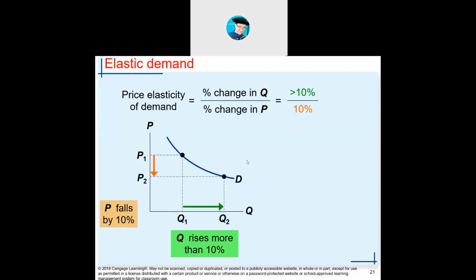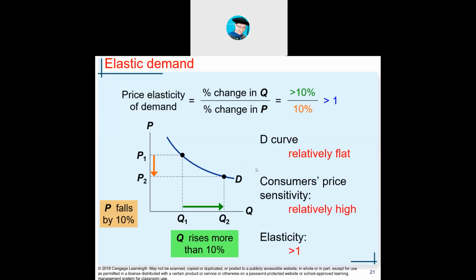Now, elastic demand is something that's greater than 1. If it's greater than 1, it's relatively high consumer price sensitivity, and the demand curve is also relatively flat. An example of something that would be elastic with respect to demand, I guess the earlier example we gave, is cereal.